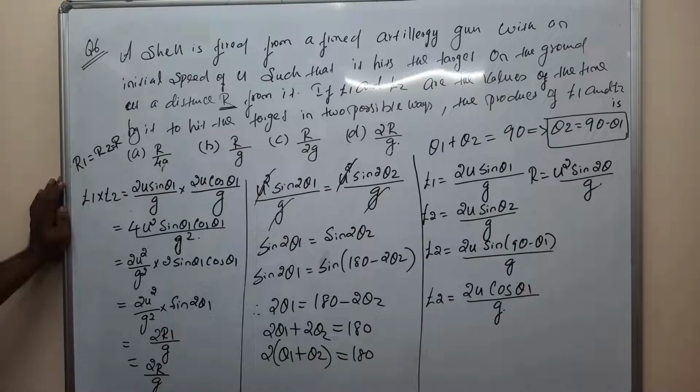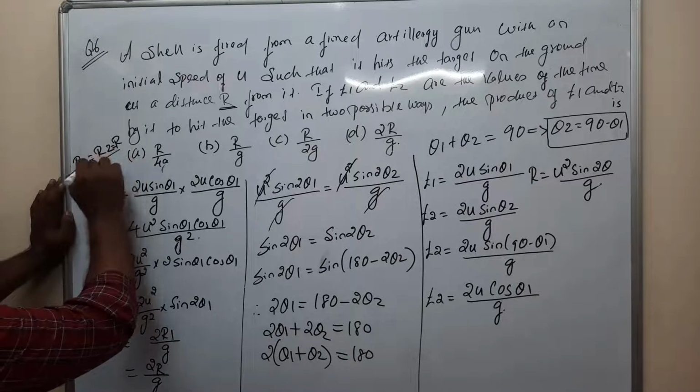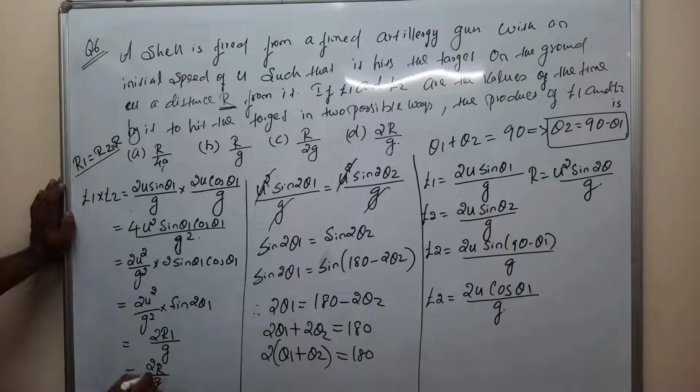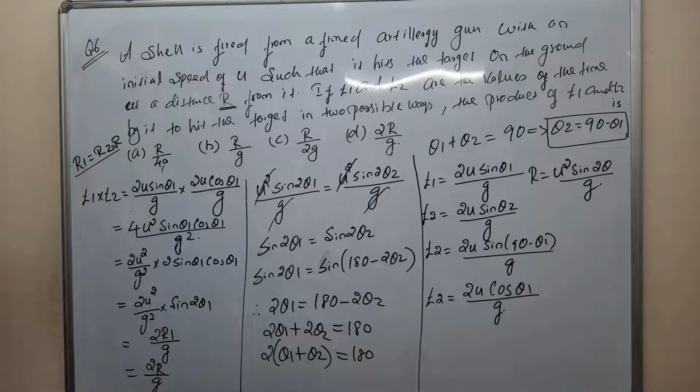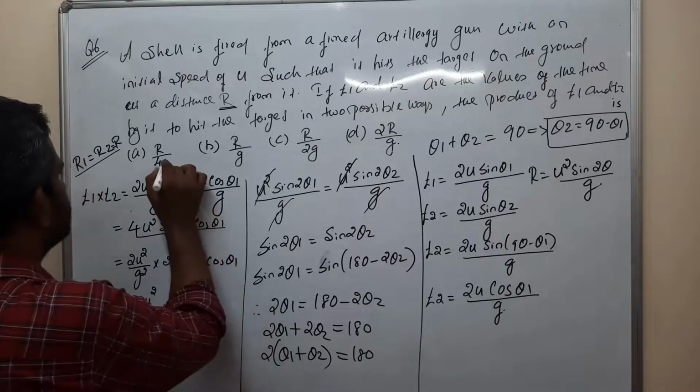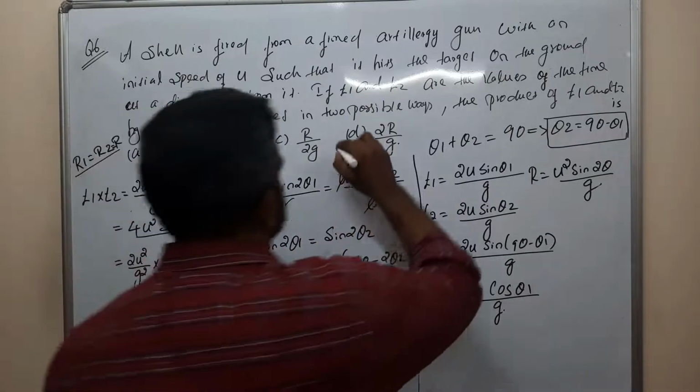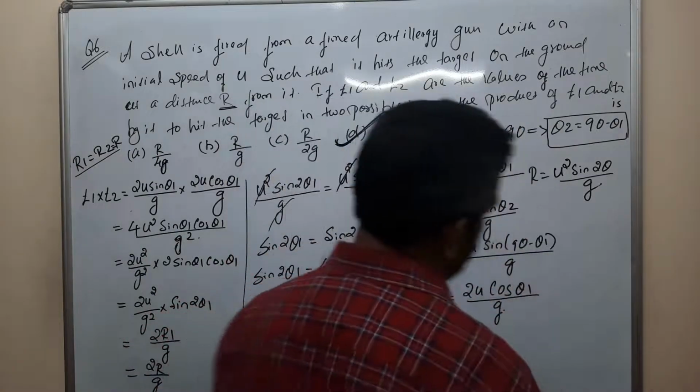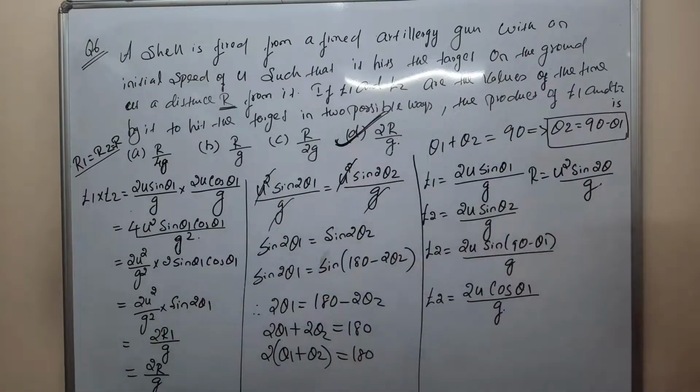Instead of this R1, that is u square sin 2 theta 1 divided by g, we can write R, since R1 is equal to R2 is equal to R. So that is 2R divided by g. So the fourth option is the correct answer. Clear?